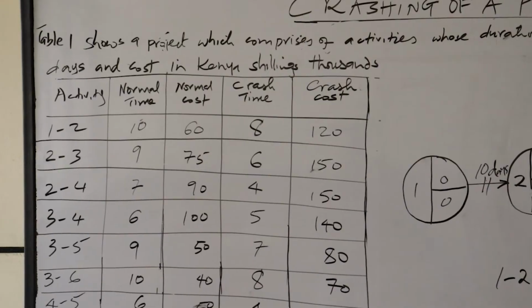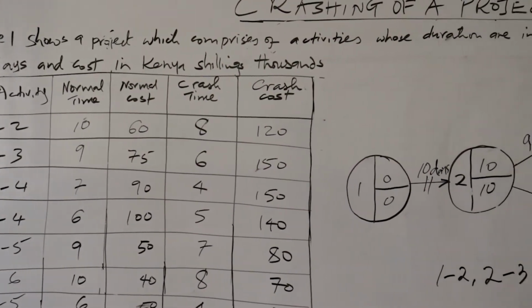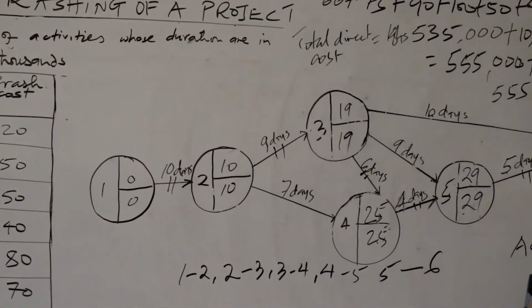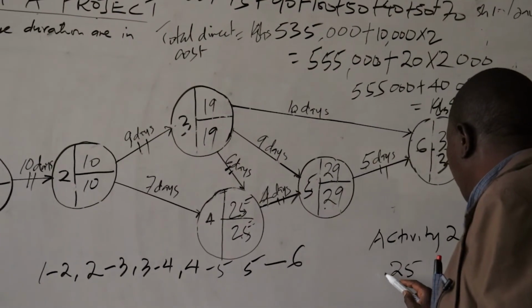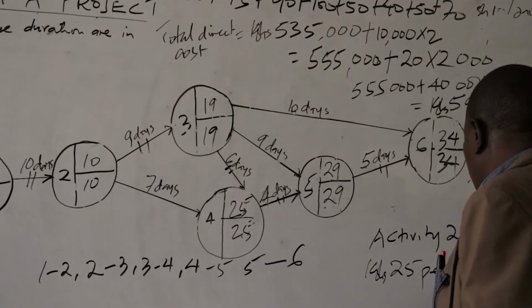Then the cost slope we had calculated is 25, that is 25 Kenya shillings per day.